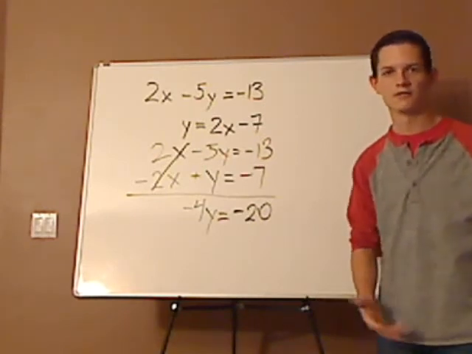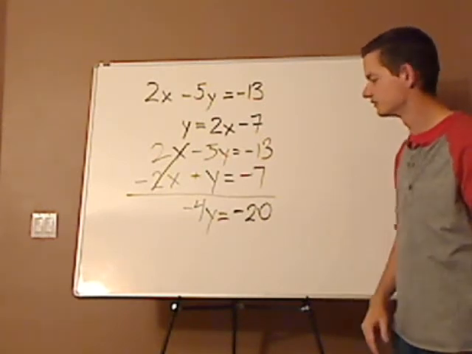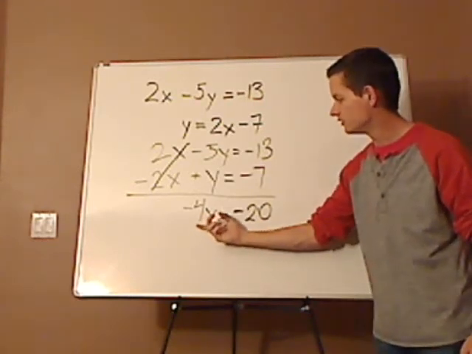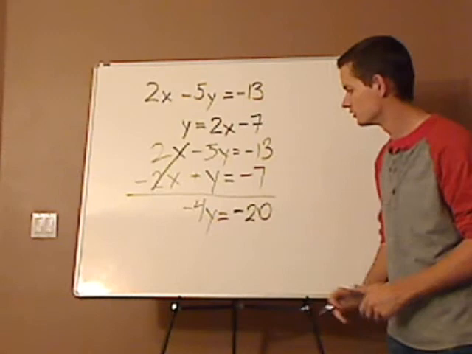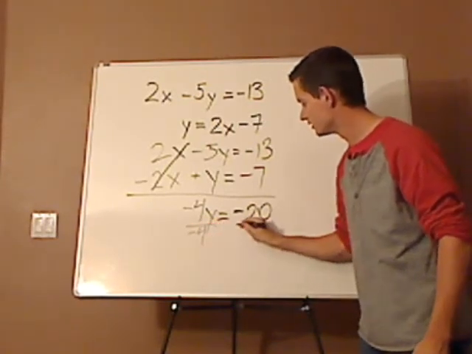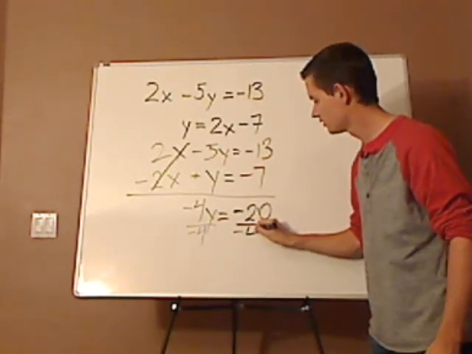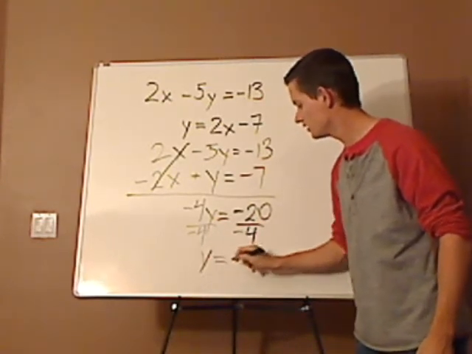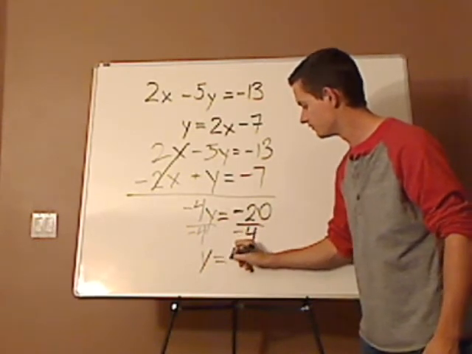Well, pay off your debts, but that's a whole other issue. What you want to do is solve for y. So to solve for y, you just divide both sides by negative 4. And then you get y equals a positive 5.